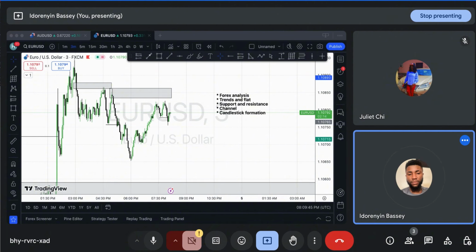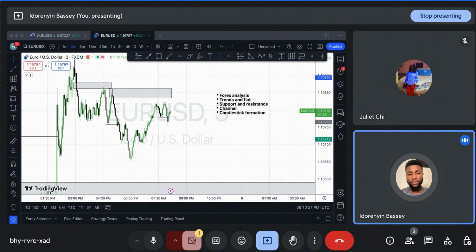This type of analysis takes into account various indicators, news releases and events that impact the overall economic and social factor of the currency. So there are some key factors in fundamental analysis that we must know.